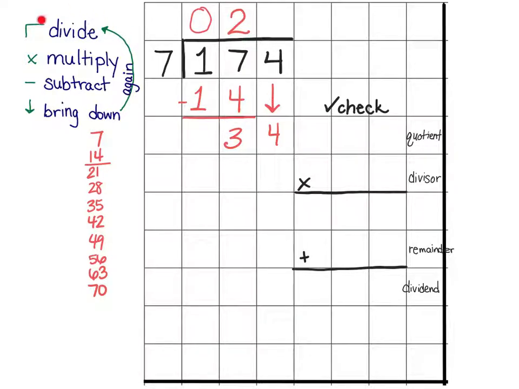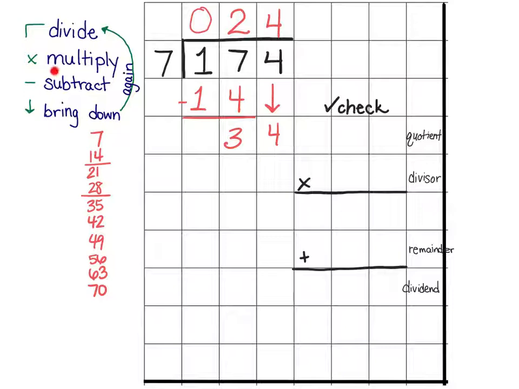Again, we start over, back to division. 34 divided by 7. So 34 on our list will be right here. So let's see how many groups that is. 7 times 1, 7 times 2, 7 times 3, 7 times 4. So we put our 4 on top.